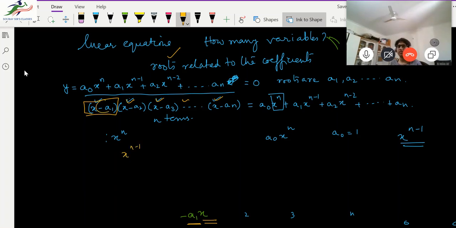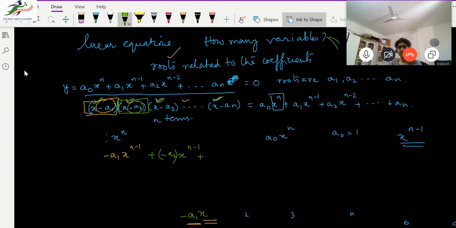With that, I multiply the constant term of the first one, right? Next, I keep this out and I multiply all the x's of the other terms. So there are n minus 1 terms, right? x to the power n minus 1, and I multiply the constant term, right?